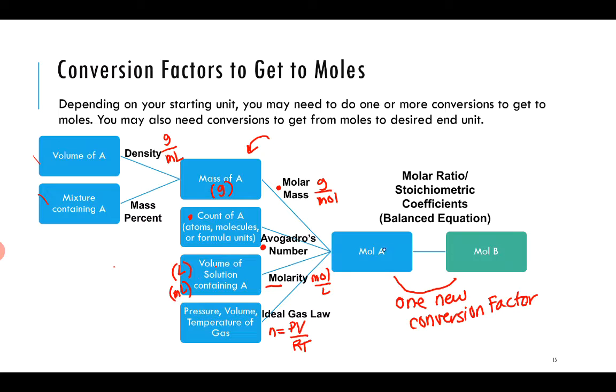Then, after we find moles of one substance, we can use the coefficients from the equation to switch into moles of a different substance. And then you can, of course, get out of moles. And you can get out of moles in the same way that you have on this side of the diagram, into whatever end unit you need.